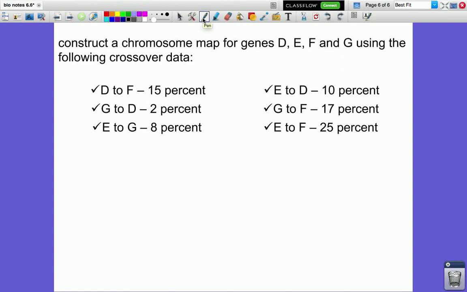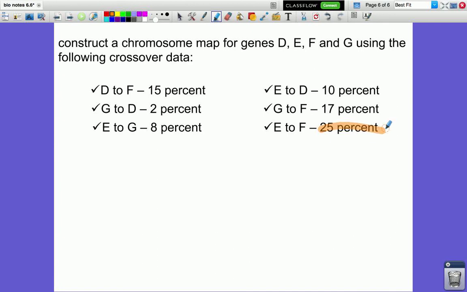Making one of these maps is really just a logical process. All you have to do is work your way outward towards inward, right? Start working from the outside to the inside. So you need to look for the biggest crossover frequency. The first number that I'm going to work with here is this 25%, because that's the biggest separation.